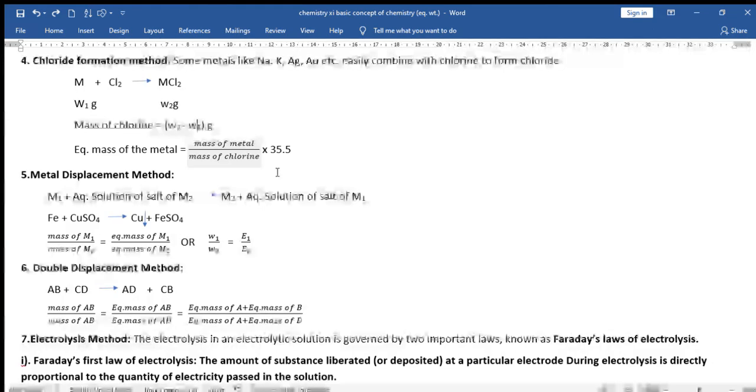So here we use this property, as when one metal reacts with the aqueous solution of another metal. Like here, iron reacts with copper sulfate. It will deposit the copper after the reaction and iron sulfate forms. This means the iron metal displaces the copper metal from its salt solution.